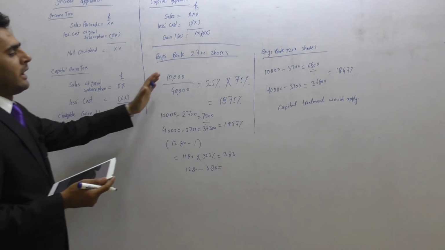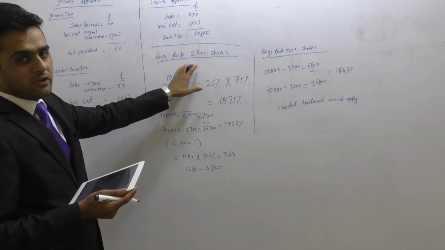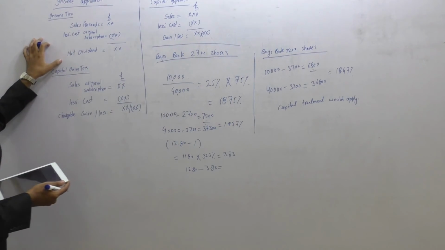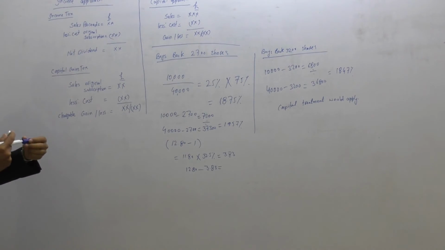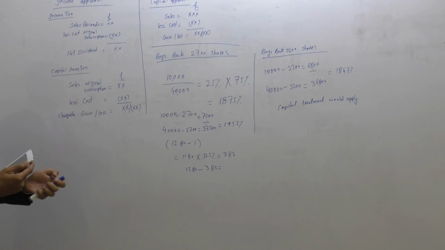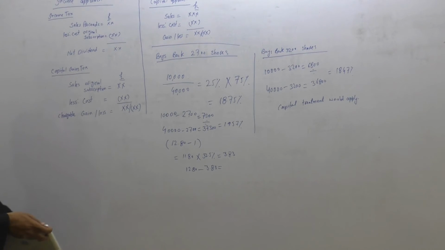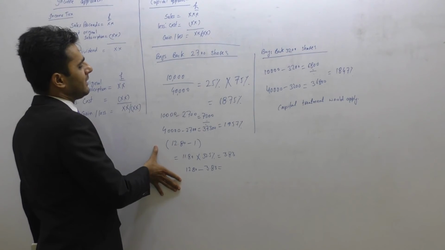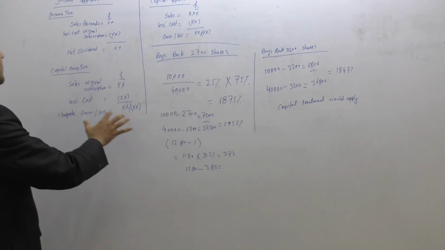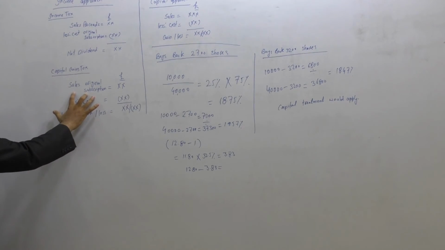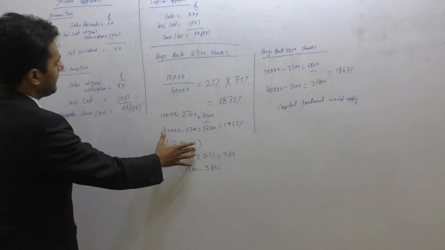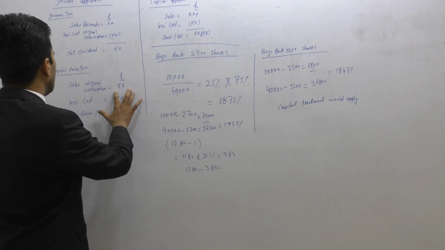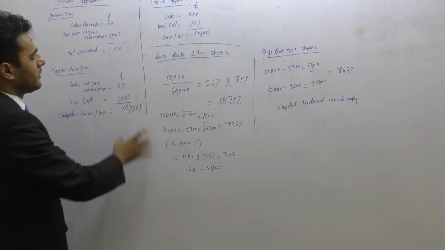If the income approach applies, if she sells 2,700 shares, so the income tax will apply. Now she does not only have to pay the income tax, she will also have to pay the capital gains tax. Now if we see the capital gains tax, there won't be any treatment for the capital gains tax in this case, because we take the sales, which will be the original subscription price, which in this case is £1. So if we take £1, and the cost in this case is £1 as well.